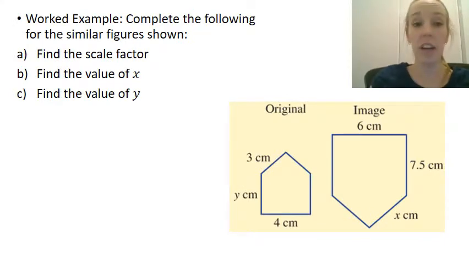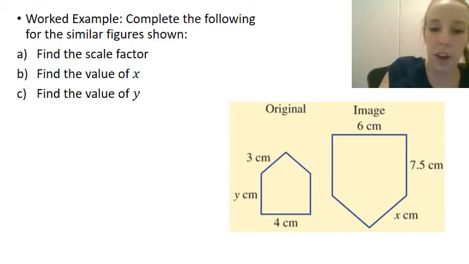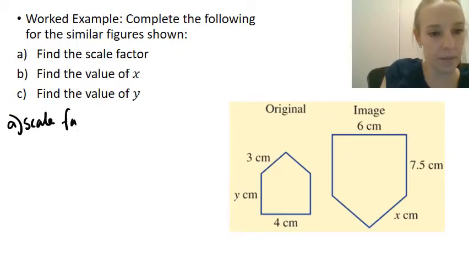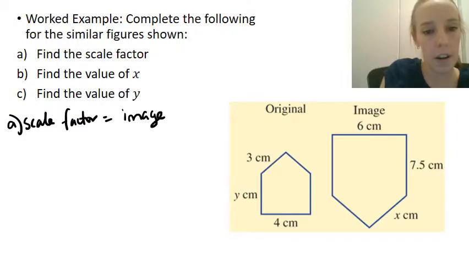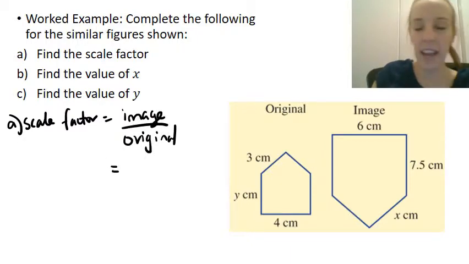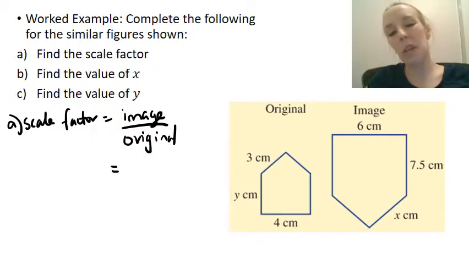Okay, so another worked example, complete the following for the similar figures shown. So this time they've told us that they are similar figures. So find the scale factor. So for A, we have to do scale factor. And scale factor is our image divided by our original. So in this case, we do have some values for the image and the original, but we also have some missing values.